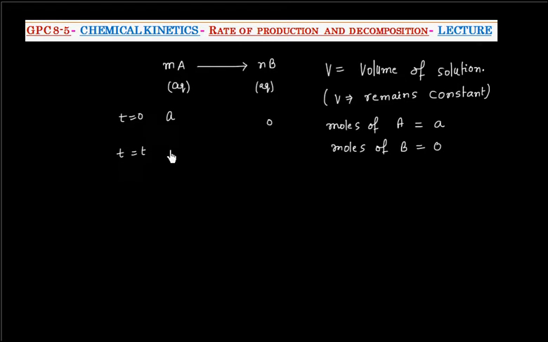After some time, let us say x mole of A has decomposed. So m mole of A gives n mole of B. So x mole will give n by m into x. Let us say the rate constant for this reaction is k.